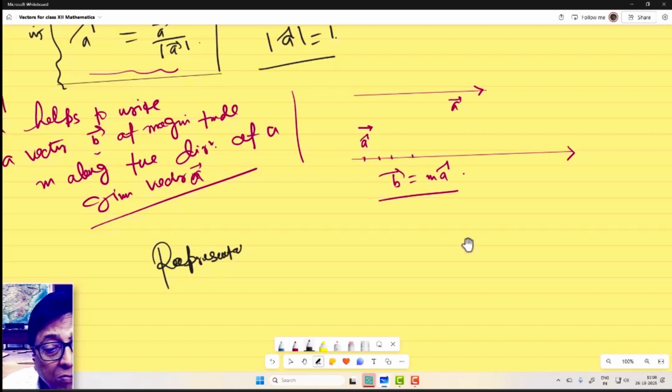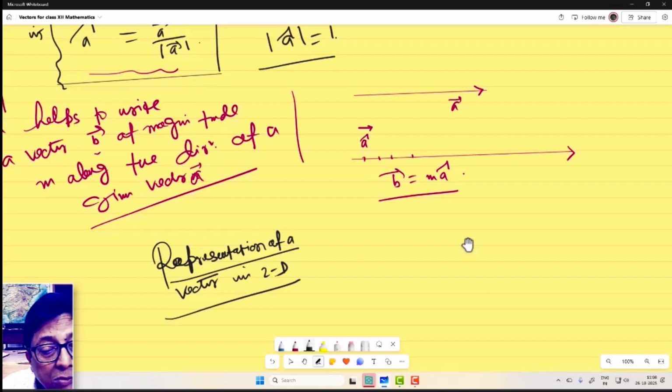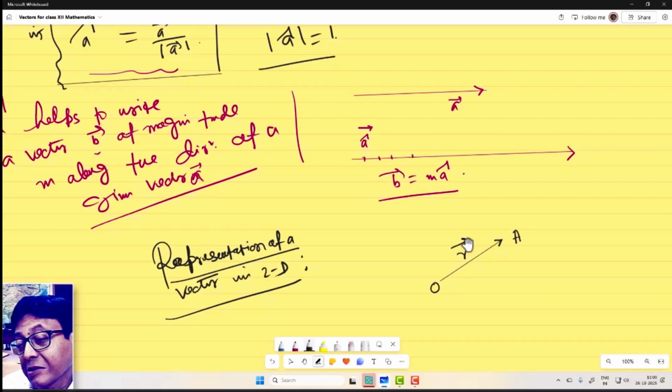Representation of a vector in 2D. How to? This one is a vector in 2 dimensions. Well-defined vector. All vectors are well defined. They have fixed direction and magnitude.